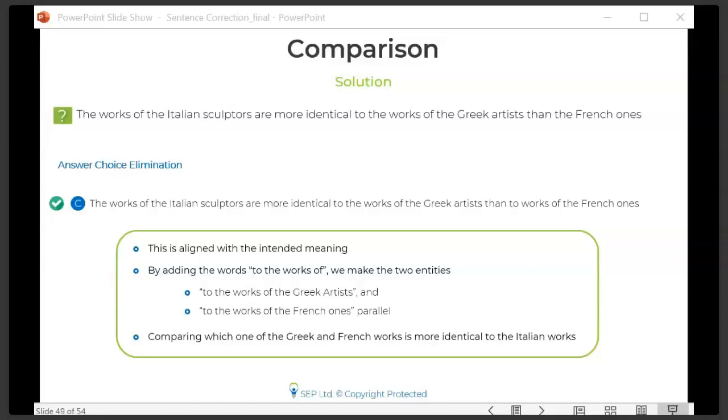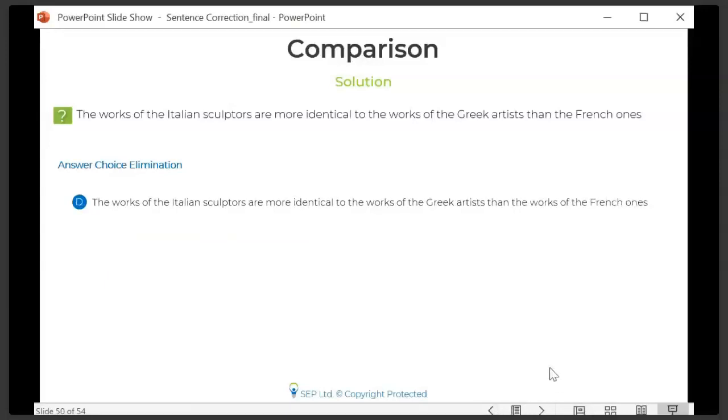For those of you who got this question wrong, are you clear with choice C? Great. Let's quickly move to the next answer choices, because we had 25% and 25% selecting choice D and E. So let's see where it went wrong, because this is a trap.